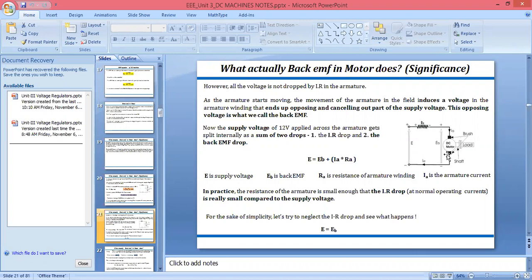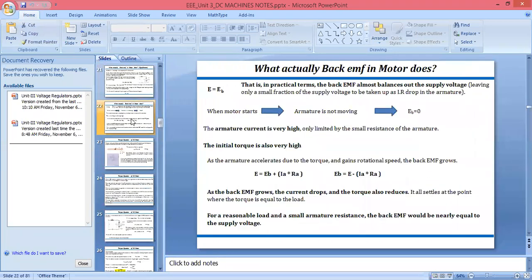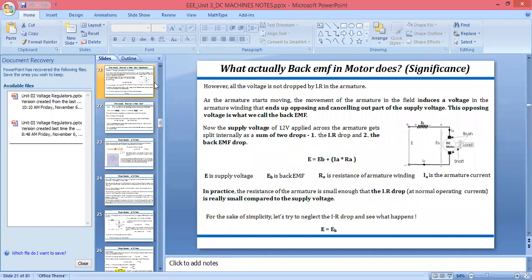These are in series, connected one after another. If elements are connected in series, the current flowing will be the same. So IA is the armature current.